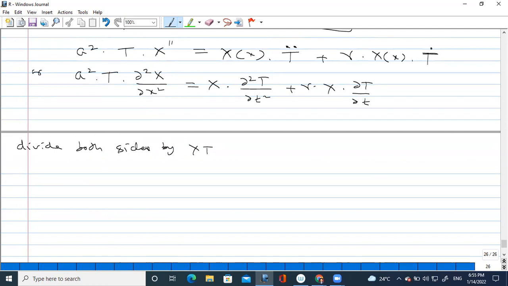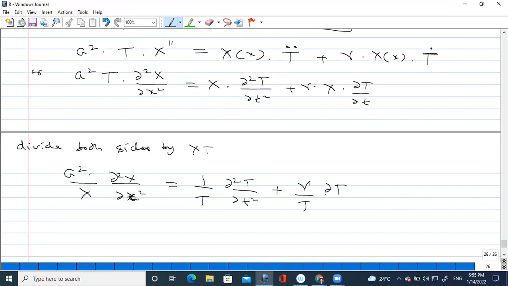So when you divide it, it will become a square by x del 2x by del x square equal to 1 by t del 2t by del t square plus gamma by t del t by del t. Okay, now you see this side is a pure function of x and independent.